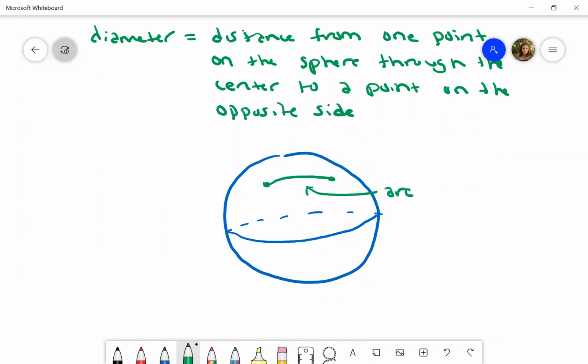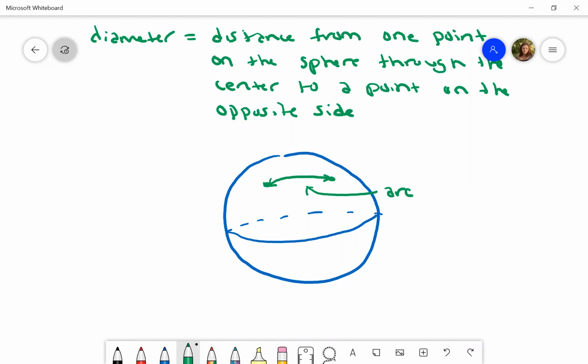And here, let me put little arrows on them to represent that arc. All right. So arc has actually 2 possibilities. You could have the arc be going the shortest distance or the longest distance if you connected it the long way around. But that arc connecting the 2 points, that's what we call that.